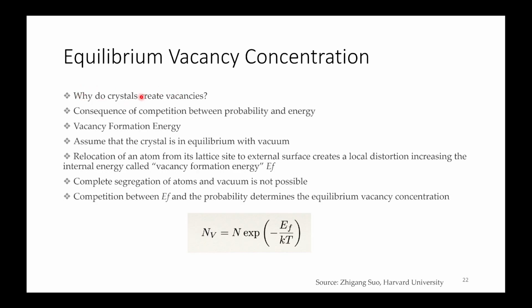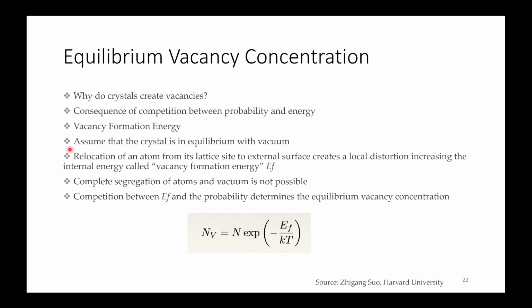So why do crystals create vacancies? It is a consequence of the competition between probability and energy. There will be an increase in entropy and a reduction in energy. These two compete and make the vacancies reach equilibrium.